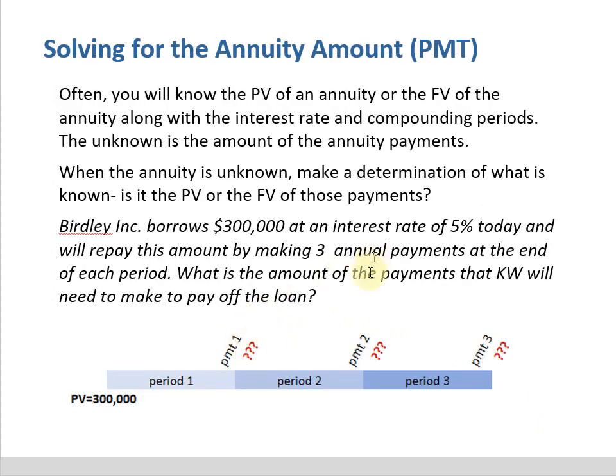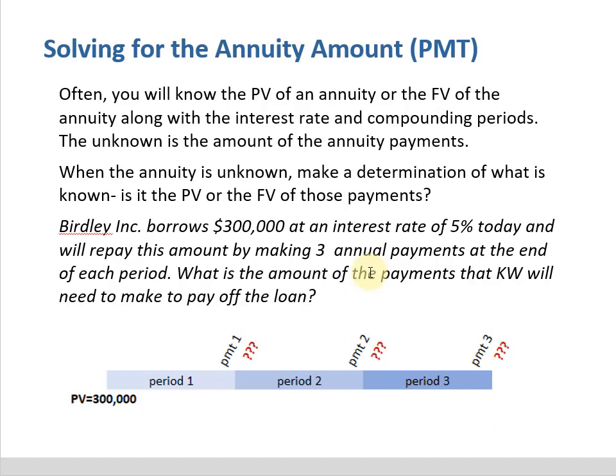Another common situation in annuity problems is that you may know the present value of the annuity or the future value of the annuity, and you may know the interest rate and the number of compounding periods. What you don't know and what you would like to know is the amount of the annuity payments.